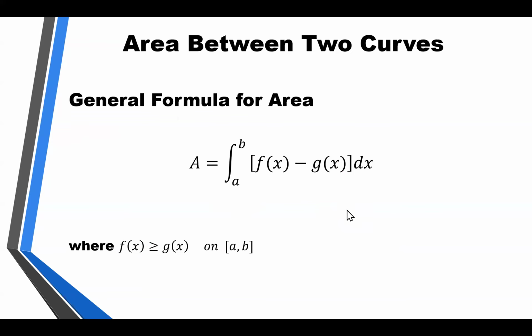I have to break my area up into pieces, but it is top minus bottom integrated from x value a to x value b. So that is the area calculations that we're going to do in a two-dimensional sense. We'll get into three-dimensional area like surface area in a later section.